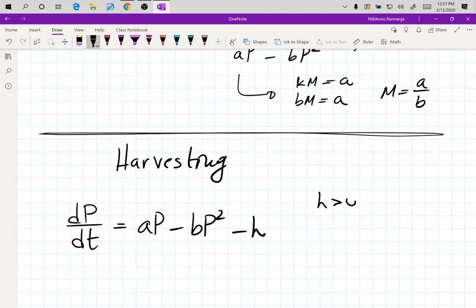Now harvest is positive. You are not going to pull out negative 35 salmon, right? You're going to pull 35 salmon, not negative 35. So common sense is that H must be positive. For that matter, A and B are also positive, but we know that from before.